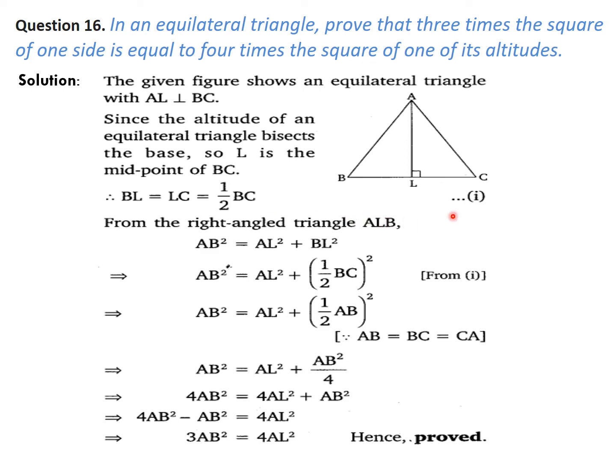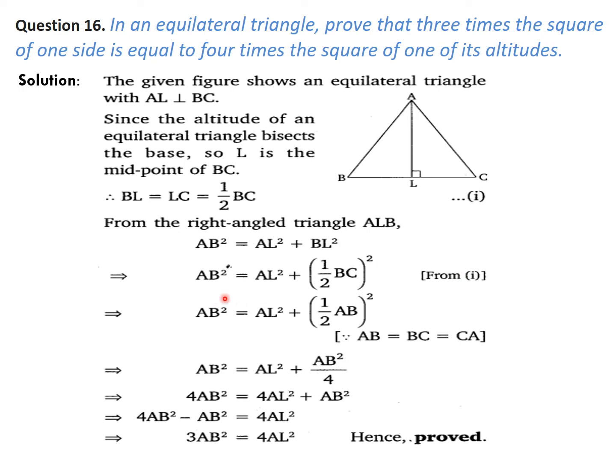Now, from the right angle triangle ALB, we can choose any triangle here. We have chosen this one, ALB. We can write AB square is equal to AL square plus BL square. Now, we have to prove everything in terms of AB and AL. So, we will write any other term in terms of either AB or BC, because BL is a part of BC, right?